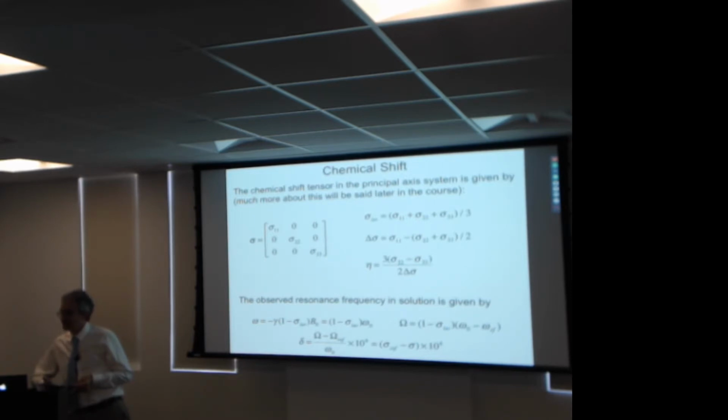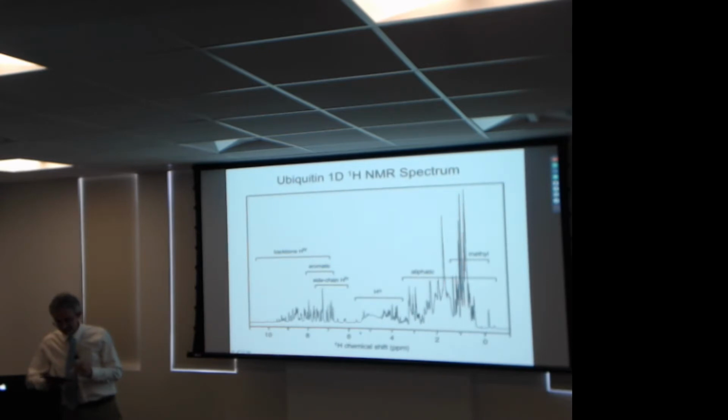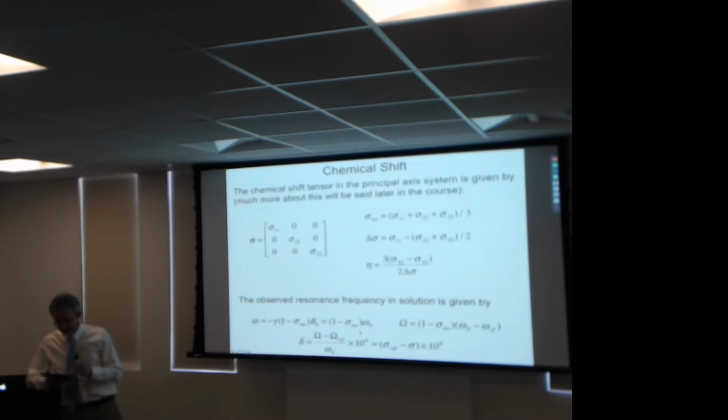We reference the NMR spectrum against some reference compound. So down here is an expression then for a reference in which we measure the frequency of some reference compound, and these are now defined by IUPAC for different nuclei.